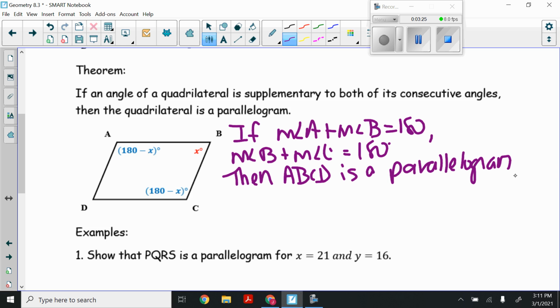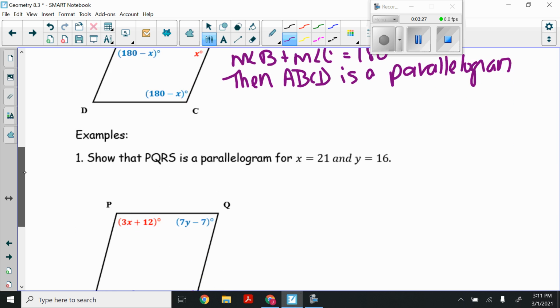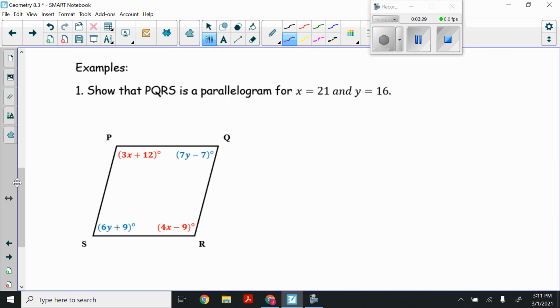All right, so now we're going to work some examples using this. So example number one, it says, show that PQRS is a parallelogram for x equals 21 and y equals 16. Okay, they give me the angles P, Q, R, and S. So if I can prove that opposite angles are congruent, then I can show that PQRS is a parallelogram.